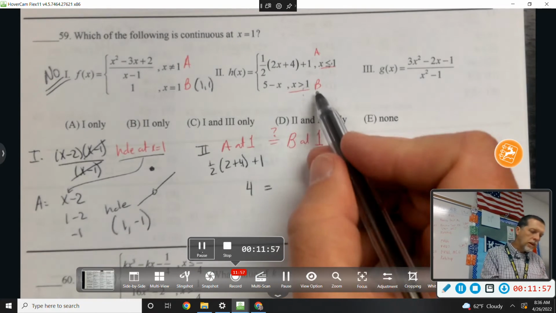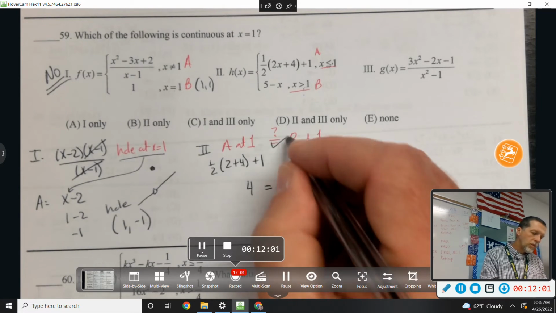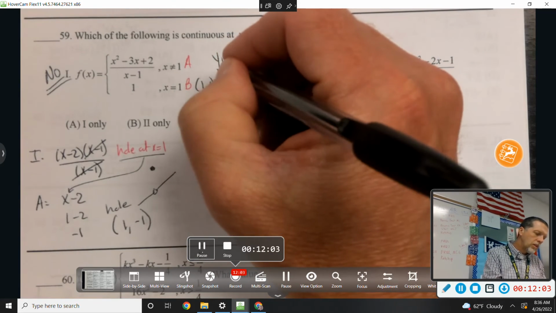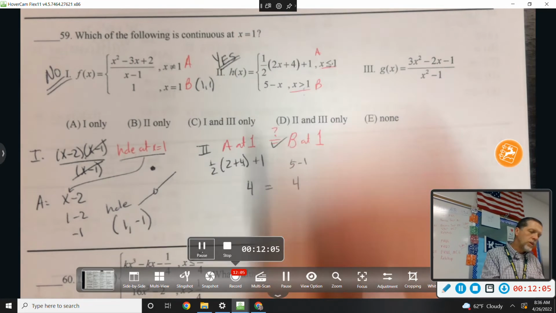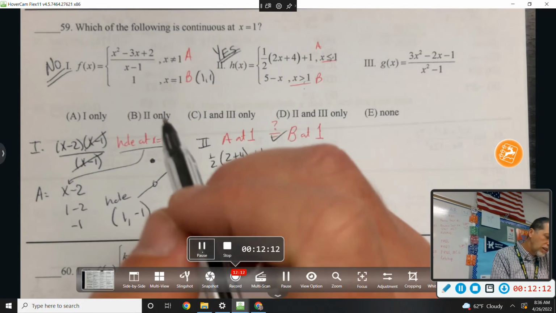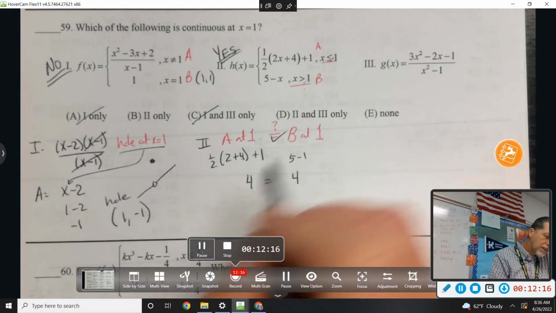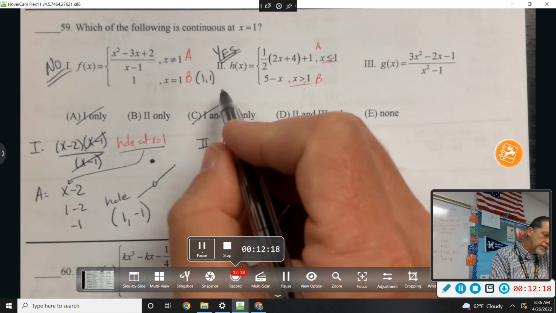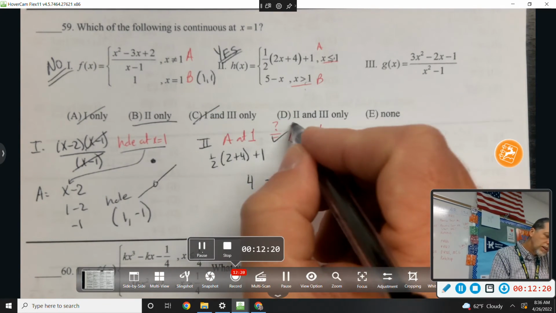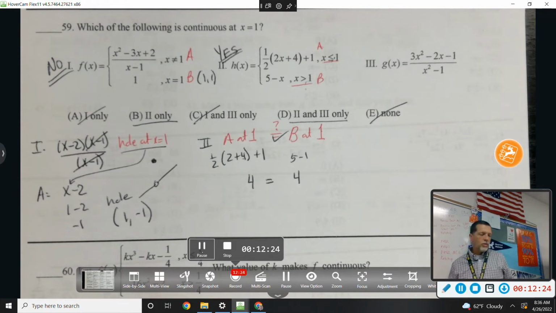I plug in 1 to B. 5 minus 1 is 4. So yes, that one works. So Roman numeral 2 is a yes. I wonder if that's enough to answer the question. So 1 is out, so I can rule out anything with 1. 2, 2 and 3. Okay, not none, because at least 2 works. So I have to do Roman numeral 3.